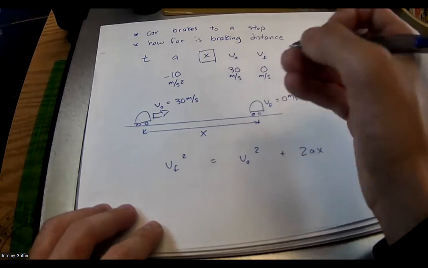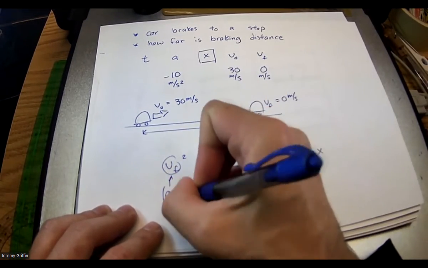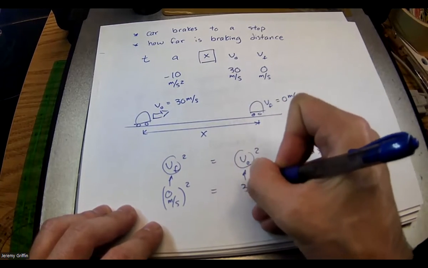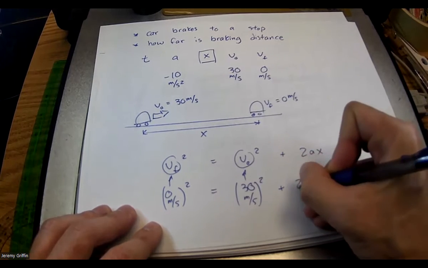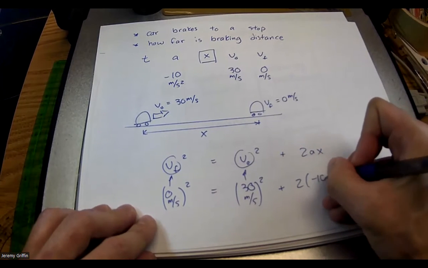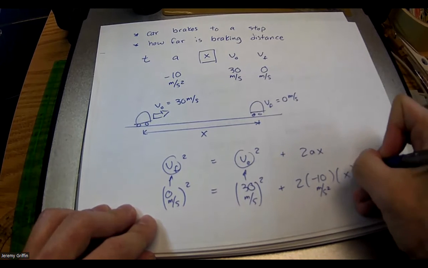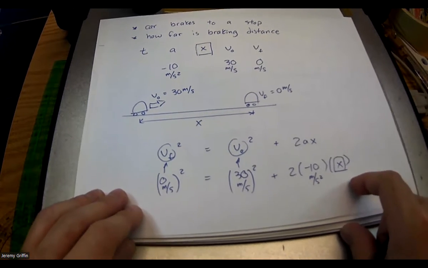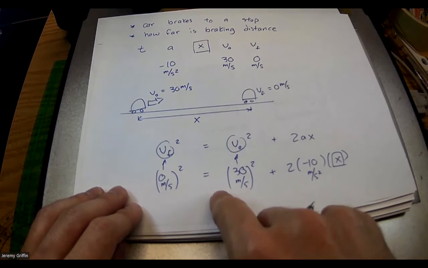So let's plug in 0 meters per second here, being squared, is equal to 30 meters per second, also being squared, plus 2 times -10 meters per second squared times the stopping distance that we're solving for. Before I get too far, I want to point out a weird thing about this third formula.